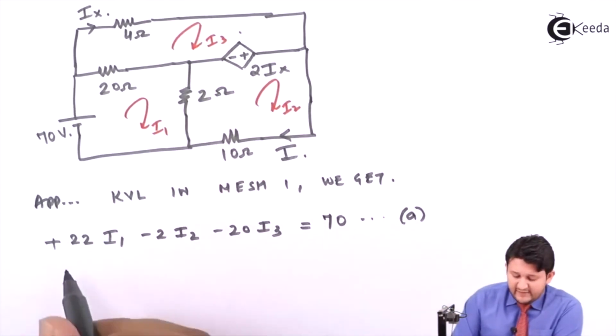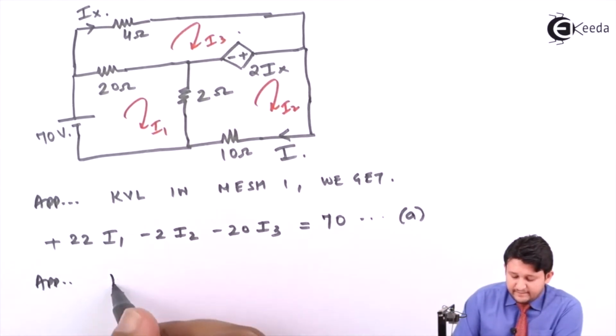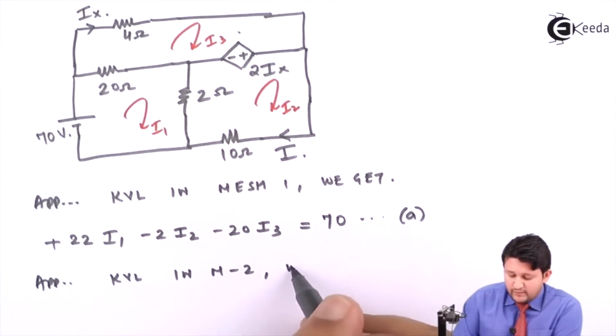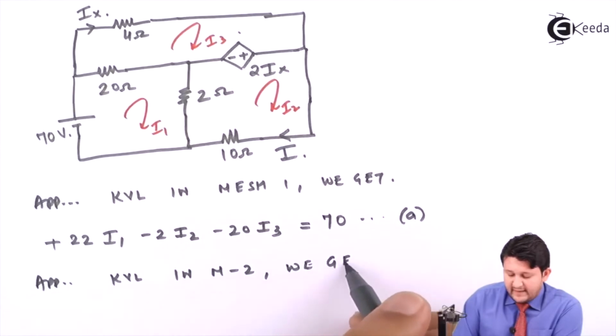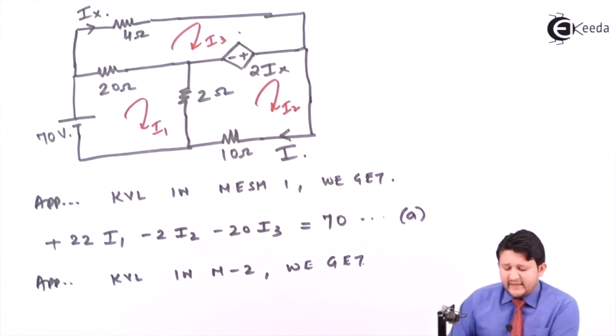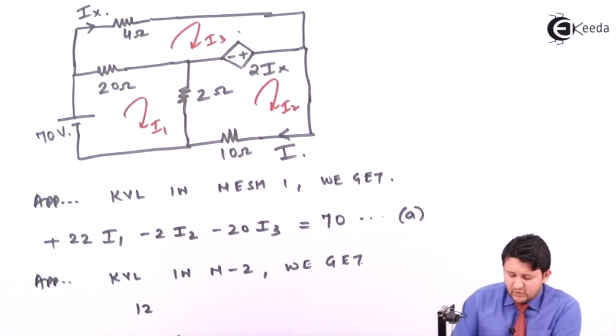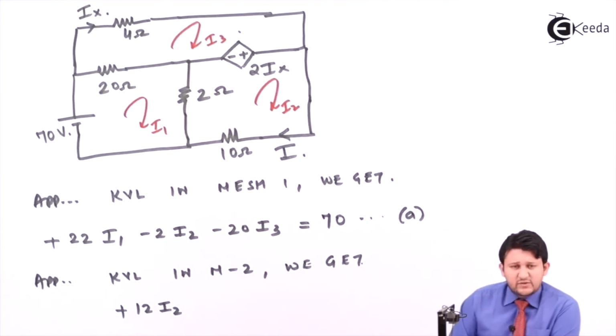Same thing, apply for second. Applying KVL in mesh 2. In mesh 2, how many resistors can you find? You will say 2, very nice. Add them, so you will get 12. Which current is flowing? I2, plus, because mesh 2.